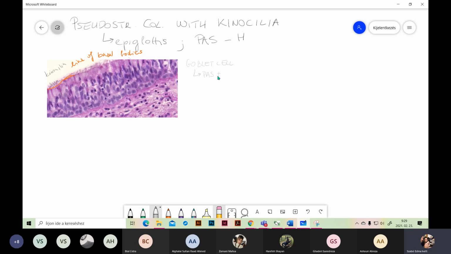There is something very special to the respiratory tract inside the epithelia. Inside the respiratory tract, we have a very thick basement membrane. You see this thick basement membrane here.